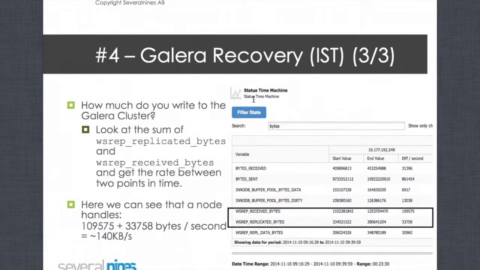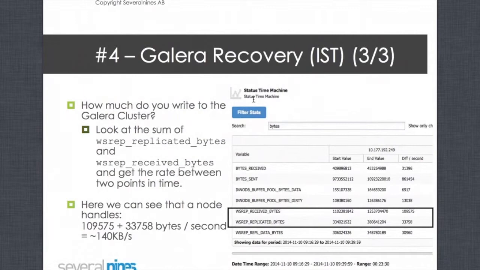In this case, we can see that the node is receiving or replicating out 140 kilobytes per second, and that's actually the rate at which the Gcache grows.